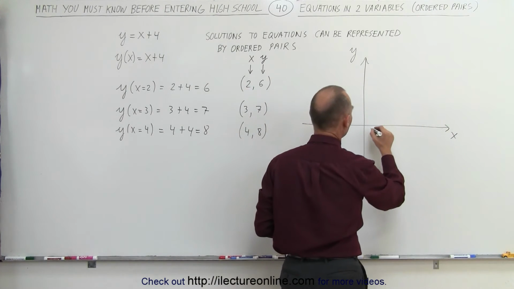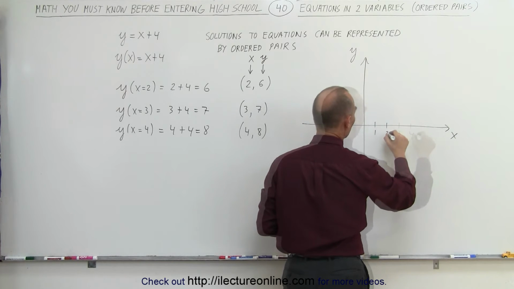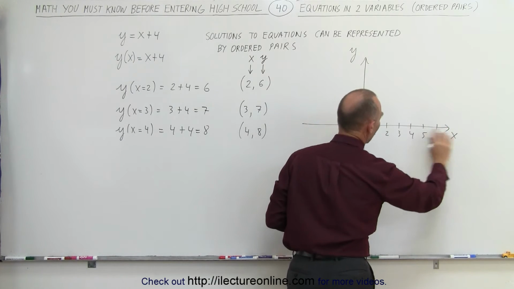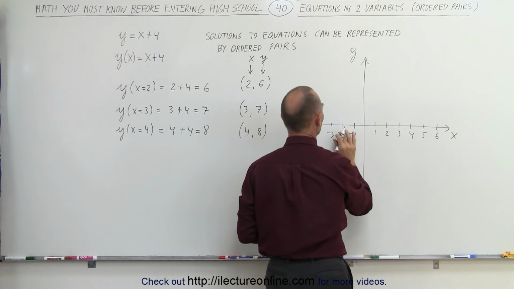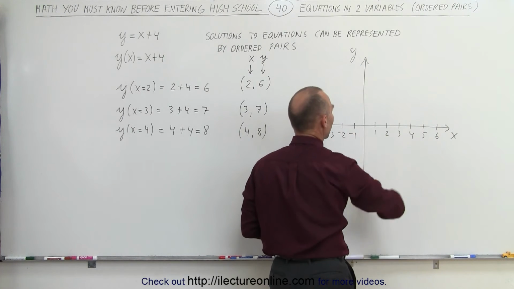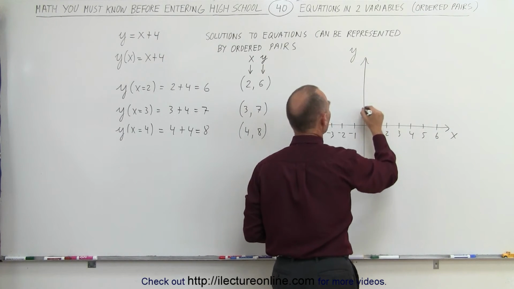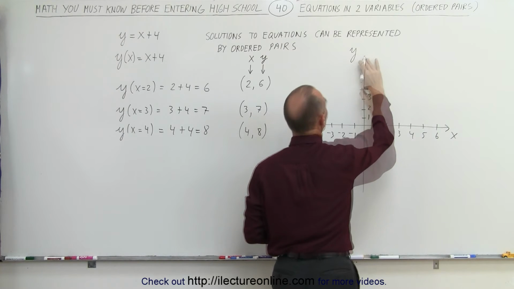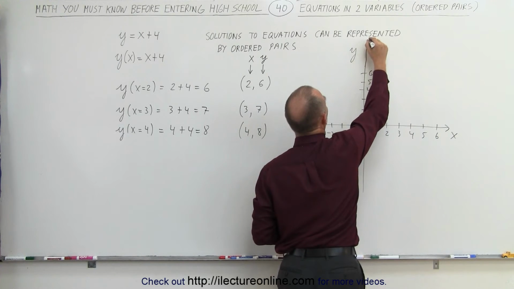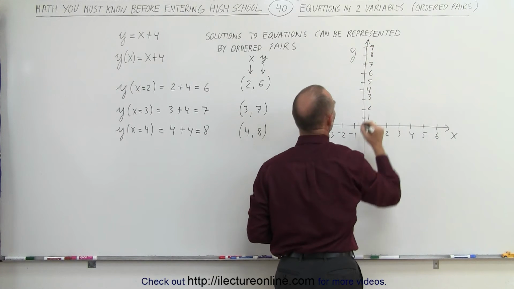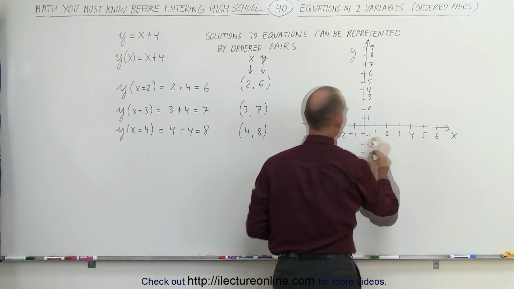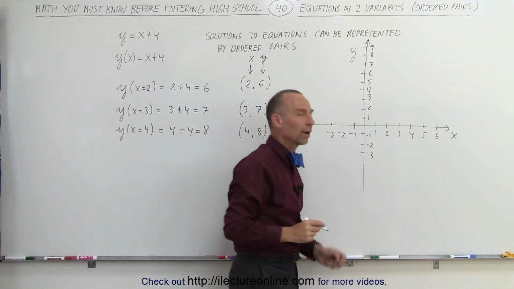So just like a number line, we can draw the points 1, 2, 3, 4, 5, 6 in the positive direction, and -1, -2, -3, and so forth in the negative direction. Then we can draw values on the y-axis. Here we have 1, 2, 3, 4, 5, 6. Make the number line a little bit longer here. Here we go, 7, 8, 9, and so forth. And then, of course, the negative values, -1, -2, -3, and so forth in the negative direction.